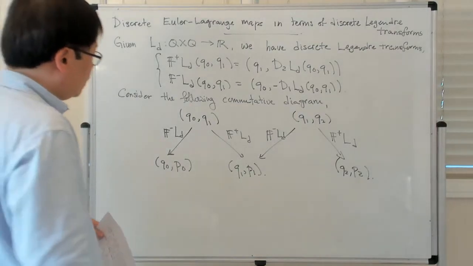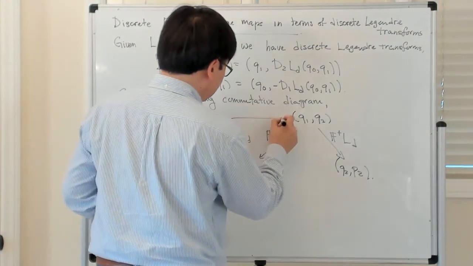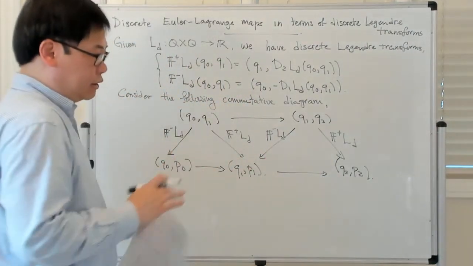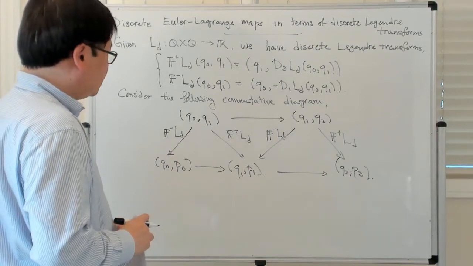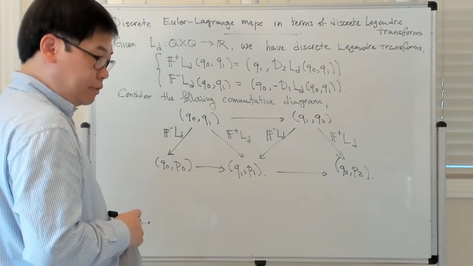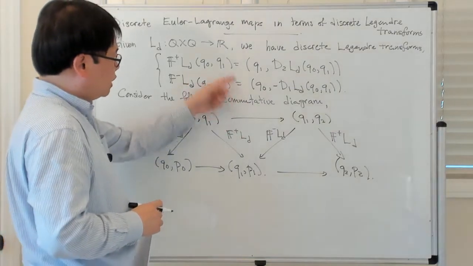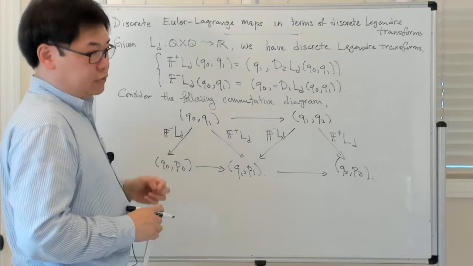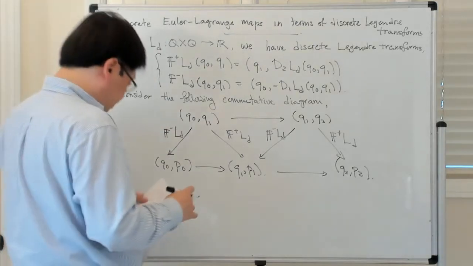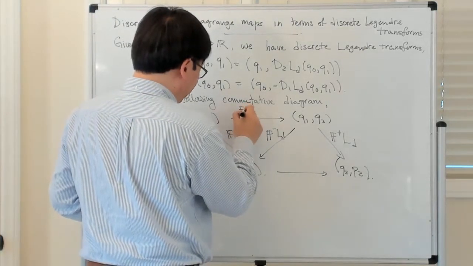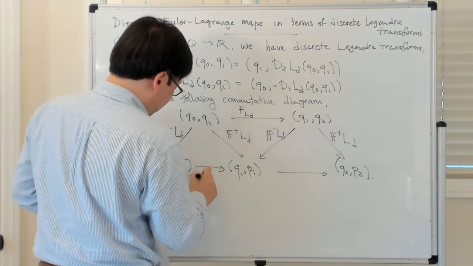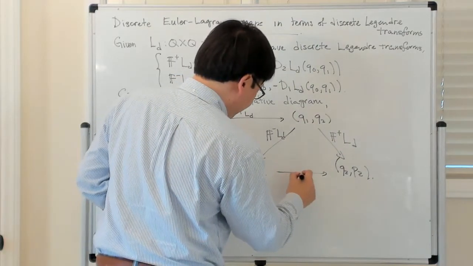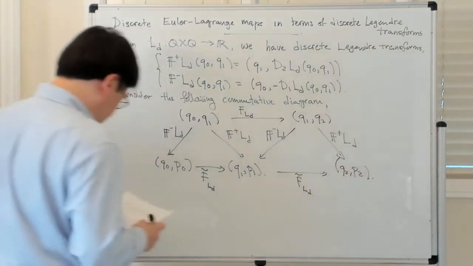Now we're going to fill in this diagram with a bunch of maps, and then one has to check that this still gives you a commutative diagram. The way I'm going to propose to do that is to show that those maps are the maps which we care about: the discrete Euler-Lagrange maps and the discrete Hamiltonian maps. I'm going to denote this by F_LD, and this one by F tilde_LD.